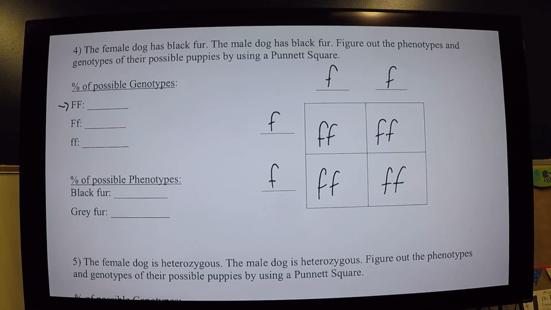So you've got 0 out of 4 for the genotypes with a big F, or 0%, and 100% for the recessive. For black fur, there's a 100% chance, or 4 out of 4. And for gray fur, you've got 0 out of 4, or a 0% chance.